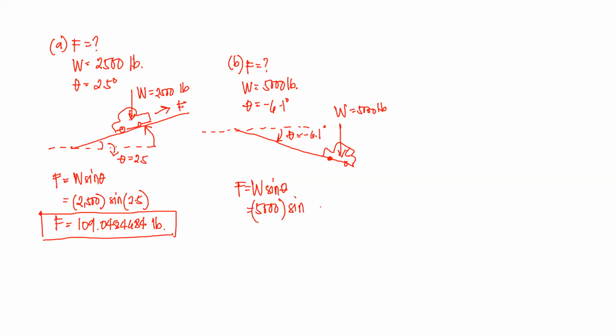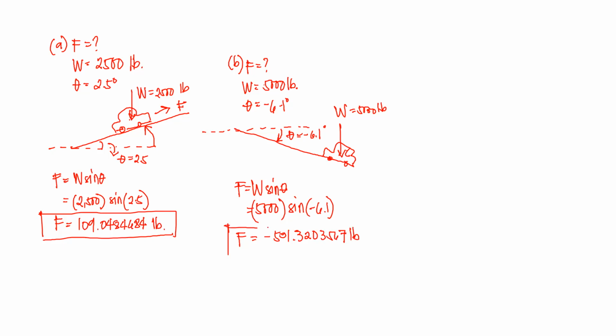F is equal to sine of negative 6.1, which is negative 0.106264071, times 5,000, and we will get negative 531.3203567 pounds.